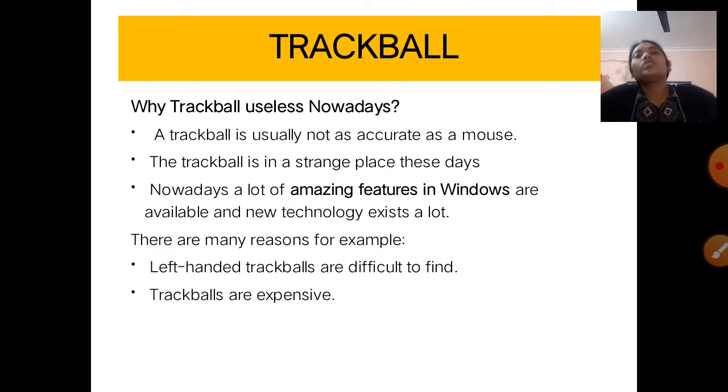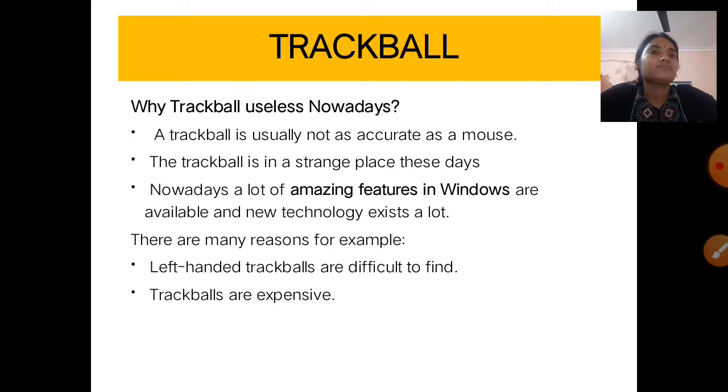Why is the trackball useless nowadays? A trackball is usually not as accurate as a mouse. The trackball is in a strange place these days. A lot of amazing features in Windows are available, and a lot of new technology exists nowadays.